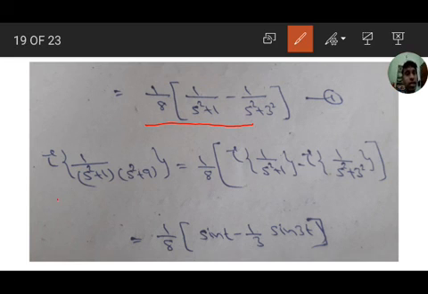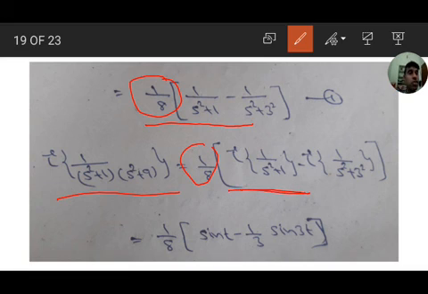Apply L inverse. L inverse of 1 by (s square plus 1)(s square plus 9) equals 1 by 8, the coefficient outside, times L inverse of 1 by (s square plus 1) minus L inverse of 1 by (s square plus 3 square). L inverse of 1 by (s square plus 1) is sin t, here a equals 1.